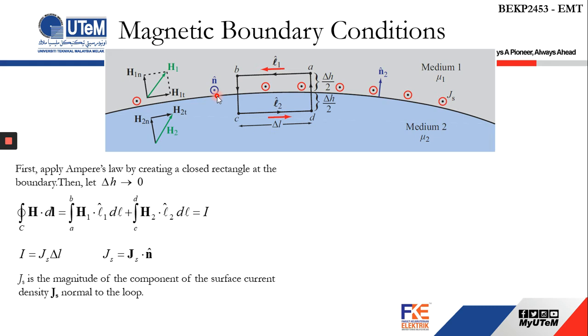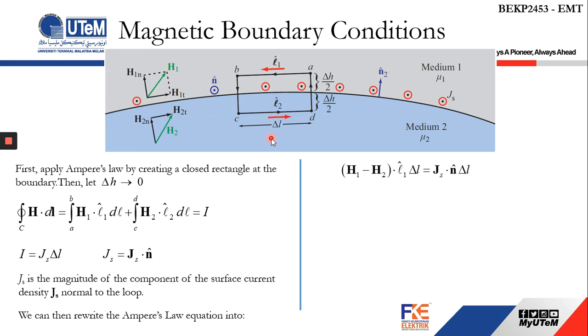So we can rewrite now Ampere's law. We convert the integral, because basically we do the integration to find the value for the line. But since we know the line as delta L, then we don't need to integrate. We can directly apply H1 minus H2 times delta L, where delta L is the length here.